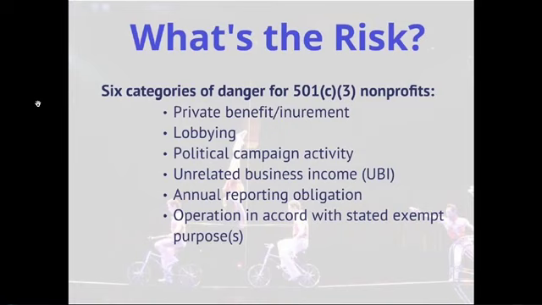The second approach is called the substantial part test. And this is achieved by considering whether lobbying comprises a substantial part of your organization's overall activities. So those are 2 different options with respect to lobbying, but it's important to recognize that 501c3 nonprofits may do some lobbying, but the key is that you're prohibited from doing substantial lobbying.